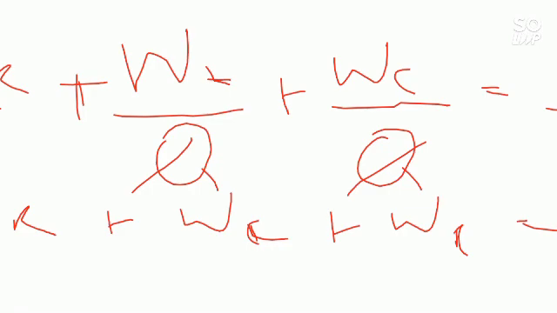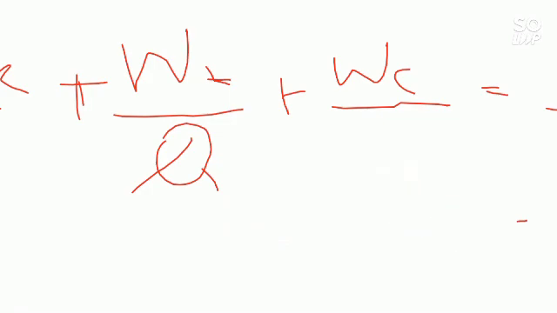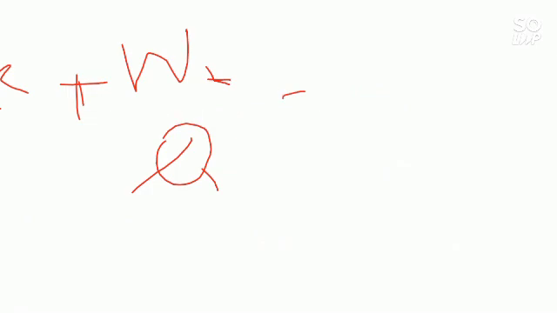KVL and KCL are independent of the nature of the element. If it's any circuit which has a closed path and has resistance, it doesn't depend on the nature of the resistance. If it's a resistance, it will create a voltage drop. Similarly for other elements, it is independent of the nature of the element.